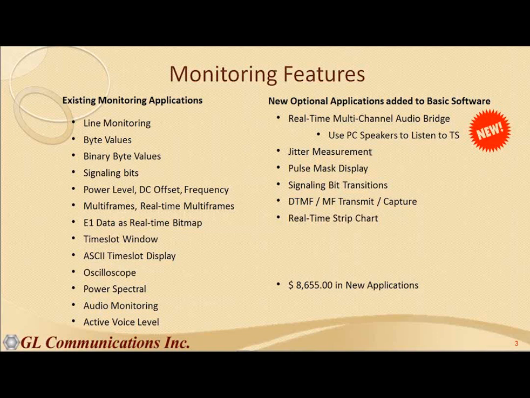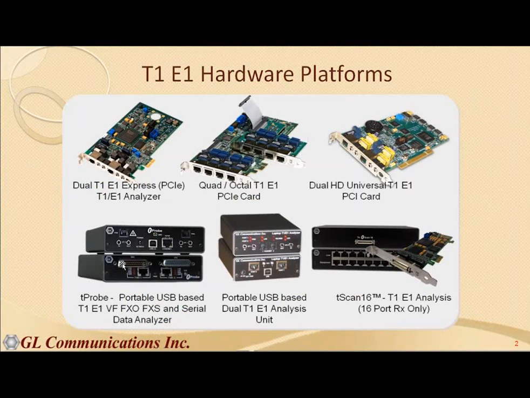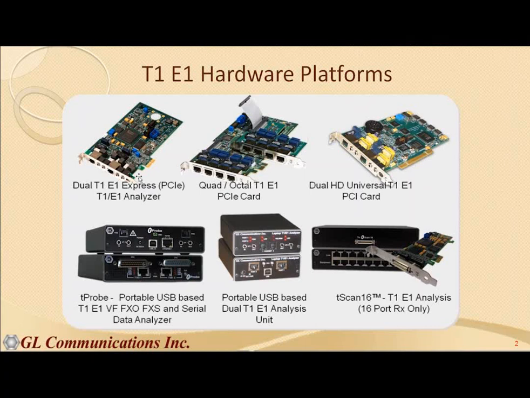So we've included that capability into the basic software. Now this is only available for the T-Pro platform, and it's available for the Express card. I think those are the two platforms that it's available for.